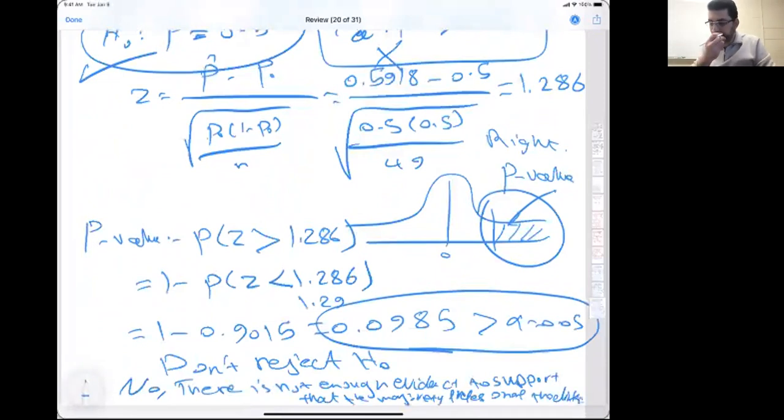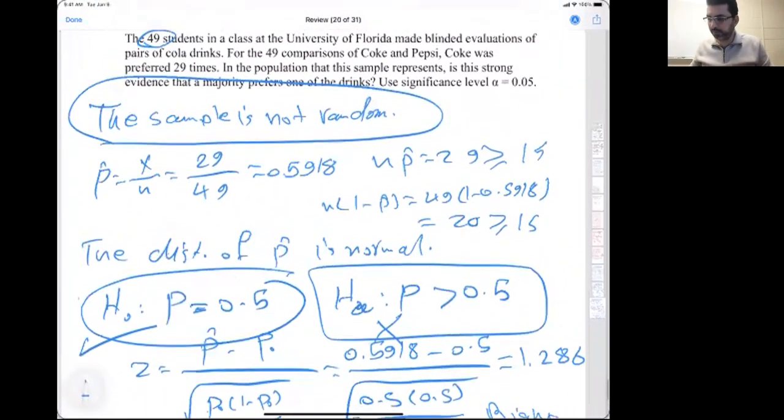Something like that. Of course, you can write the final conclusion in your own words, it doesn't have to be like mine.